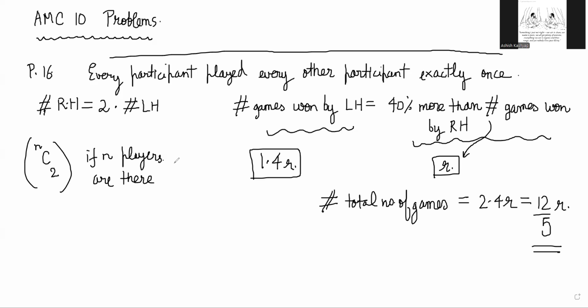So NC2 is the total number of games. And out of these games, the ratio of games won by left-handed and right-handed players is 1.4 to 1, which is 7 by 5 to 1, so roughly a 7 to 5 ratio.